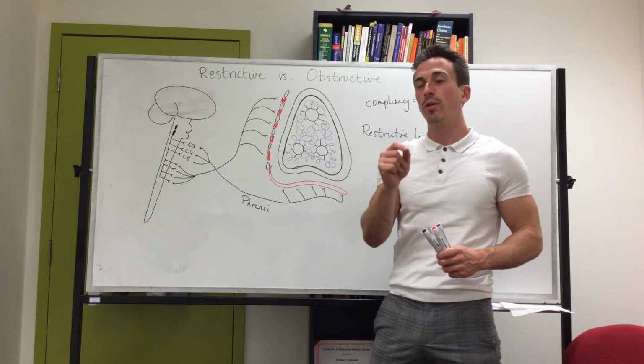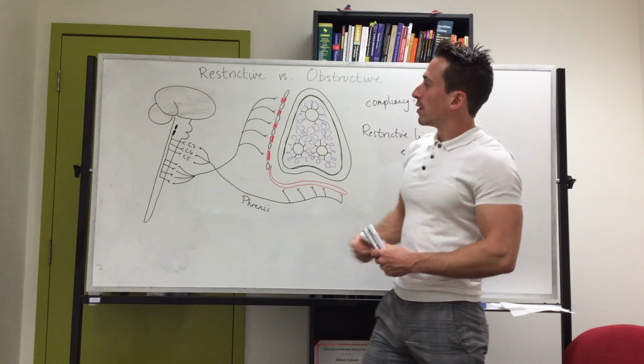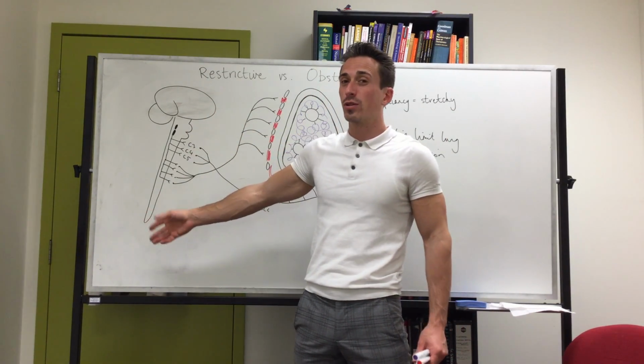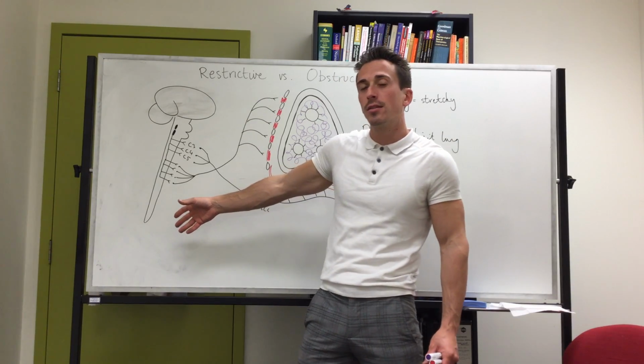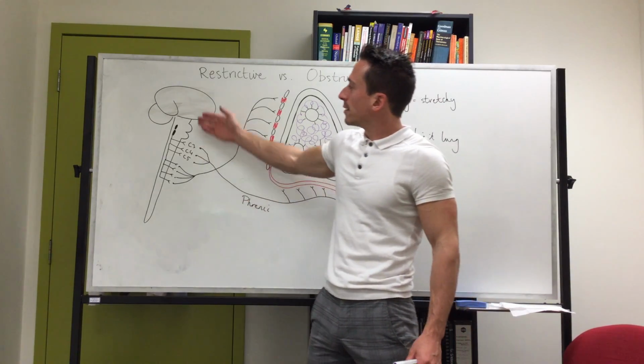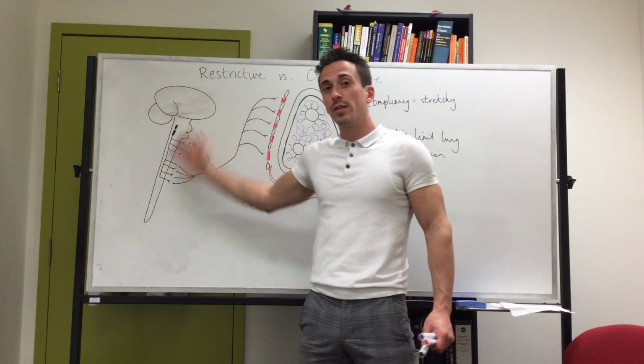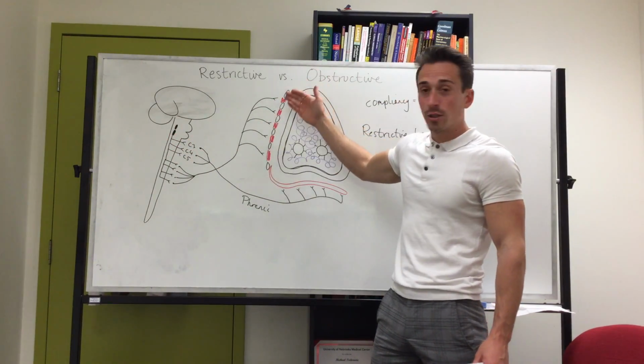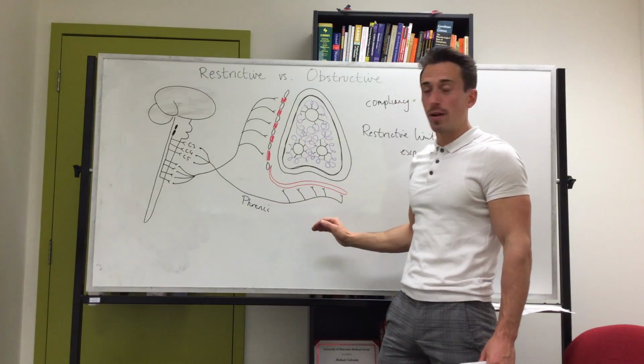Okay, extrapulmonary restrictive diseases. So if it comes from the central nervous system, an example of this could be amyotrophic lateral sclerosis, ALS. In the States, it's known as Lou Gehrig's disease. And this is going to be neuronal degeneration of the central nervous system, which can affect, obviously, the neurons that innervate the external intercostal muscles and the diaphragm.